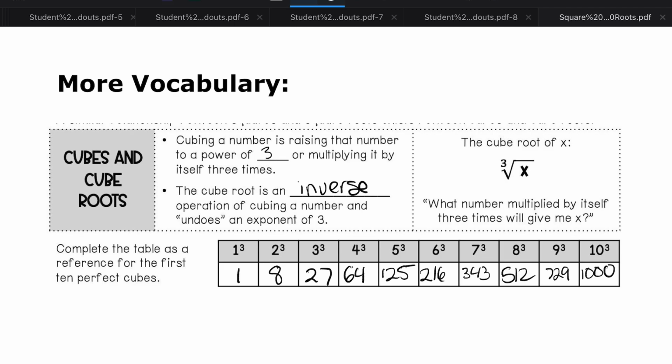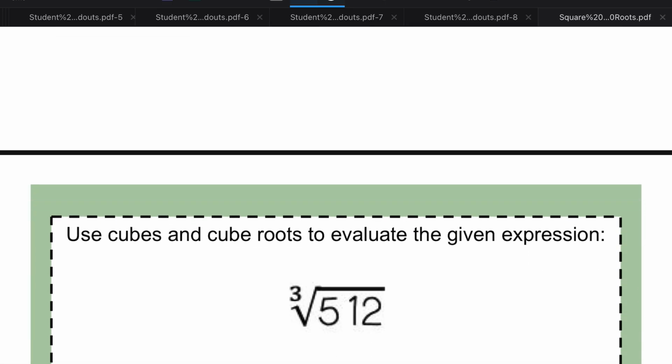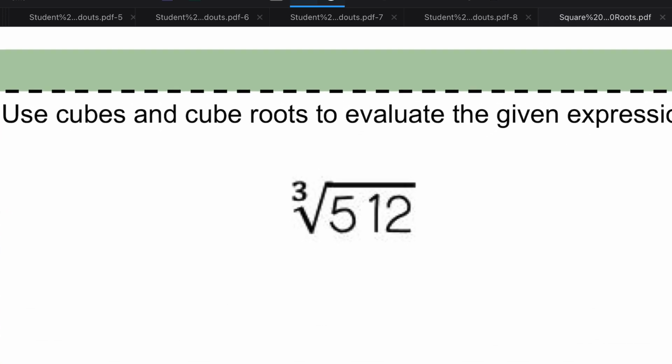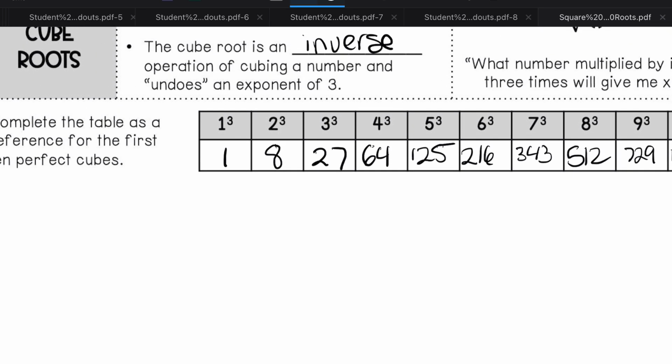So those are our perfect cubes that you just need to keep in mind and hopefully start to memorize. All right, so the cubed root of 512, we can go back up to that chart and we can see that the cubed root of 512 is 8.